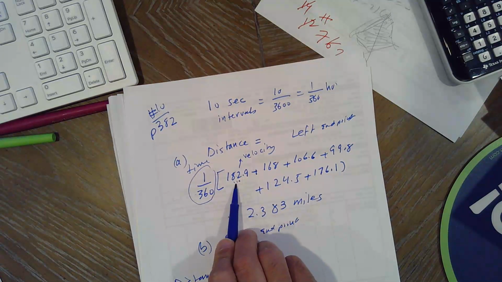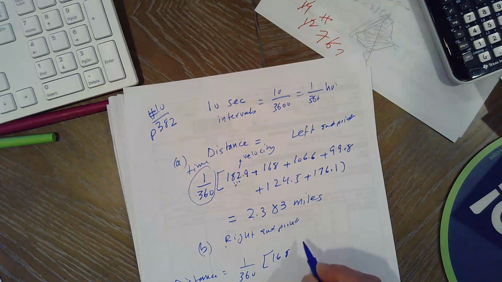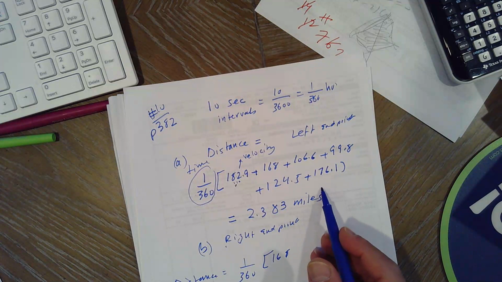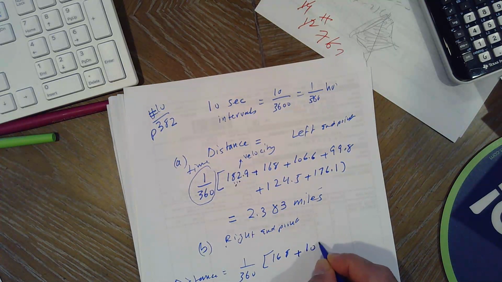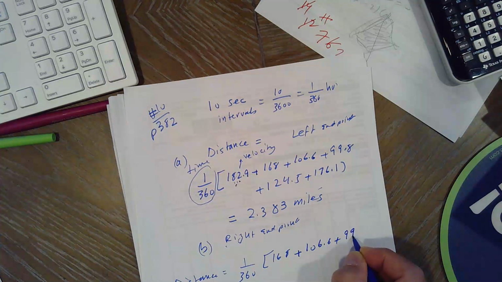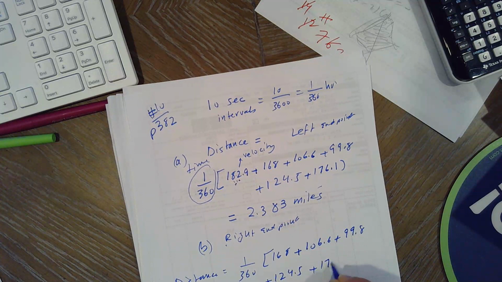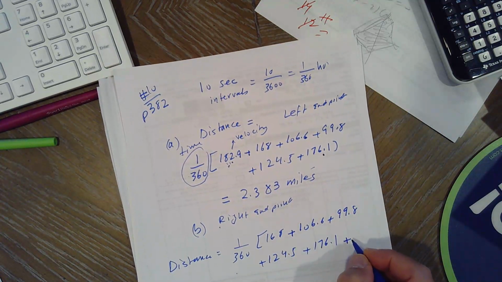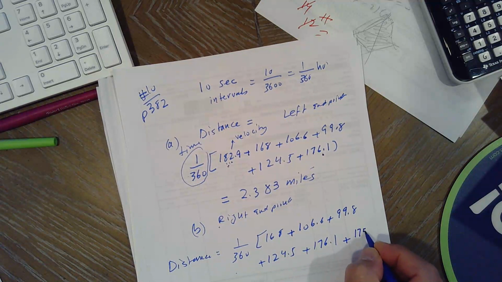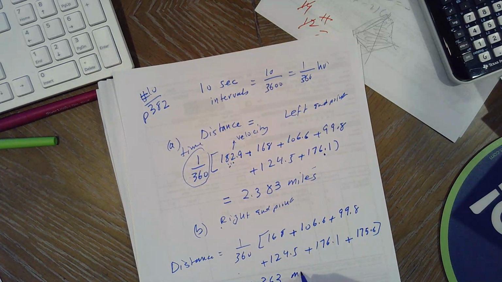Instead of starting at 182.9, we're going to start at 168. And instead of stopping at 176.1, we stop at 175.6. That's 106.6 plus 99.8, 24.5 plus 176. You see, we stopped there because that was the left endpoint. Now we're going to go to the right endpoint, which is 175.6. And this is roughly 2.363 miles.